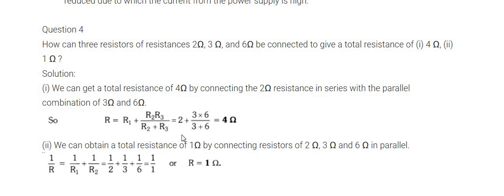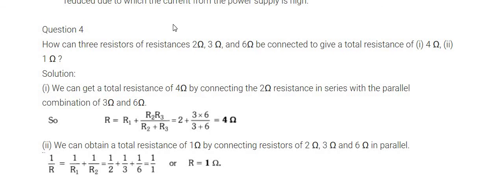So 3 into 6 divided by 3 plus 6. So 2 plus 18 divided by 9. 9 twos are 18. So 2 plus 2, we get 4 ohm.